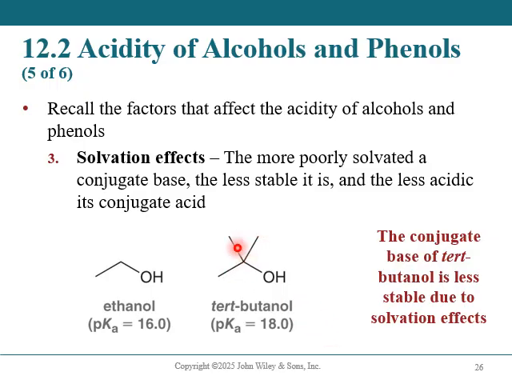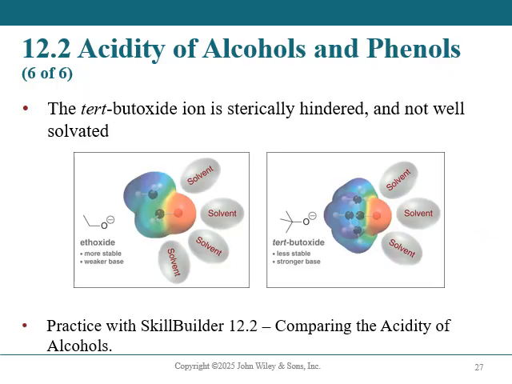Keep in mind that this is highly branched, so for solvent molecules to sort of get in there and stabilize, it is very challenging. Therefore, you don't get as much stability through solvation as with something straightforward like ethanol, for example. The tert-butoxide ion is sterically hindered and not well solvated, like we just mentioned.